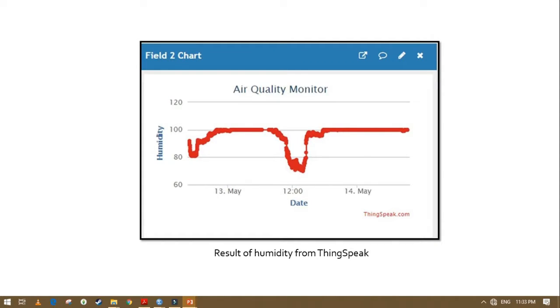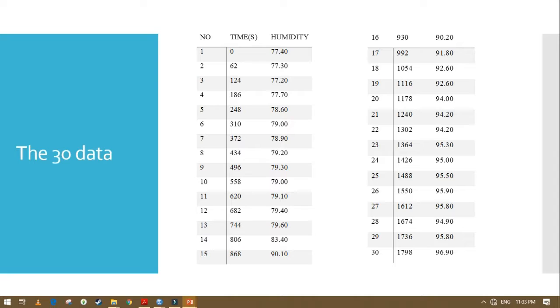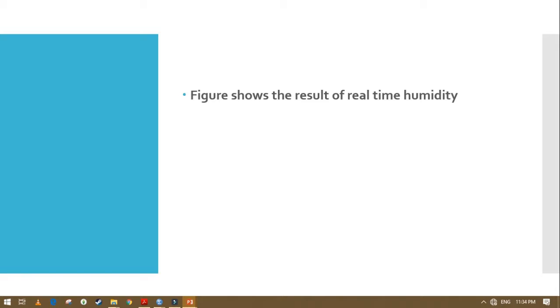This is the example of the result of humidity from ThingSpeak. The next slide is the 30 data that we took from the thesis. This figure shows the result of real-time humidity.